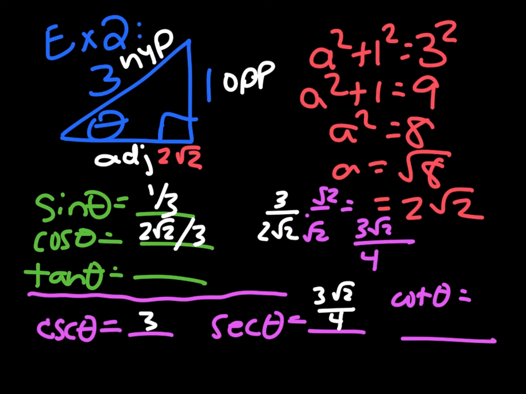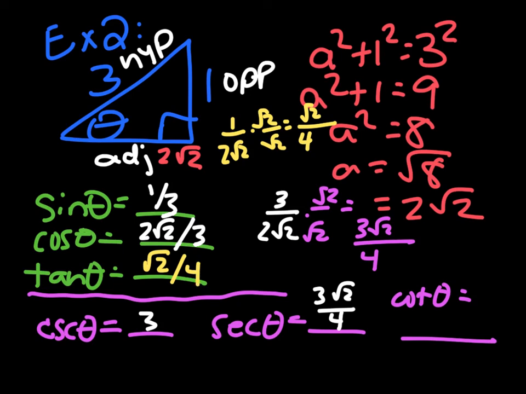And then tangent is my opposite over my adjacent. So let me pick a different color. If I do my opposite over my adjacent, sorry, I'm trying to squeeze this in here, multiply by root 2 over root 2, you're going to get root 2 over 4.